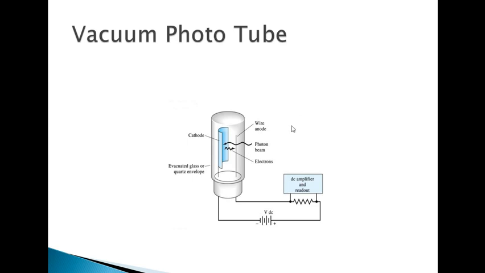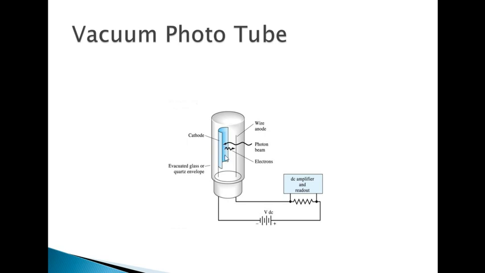So what happens when a light beam is focused on this cathode? When the light strikes the surface of the photocathode, the photons of this light supply sufficient energy to the electrons. These electrons are then emitted from the photocathode and collected by the anode.